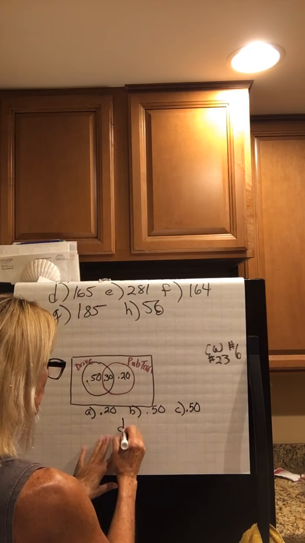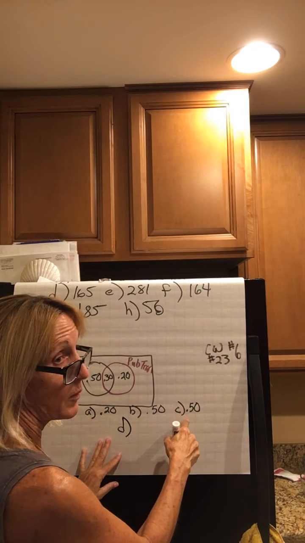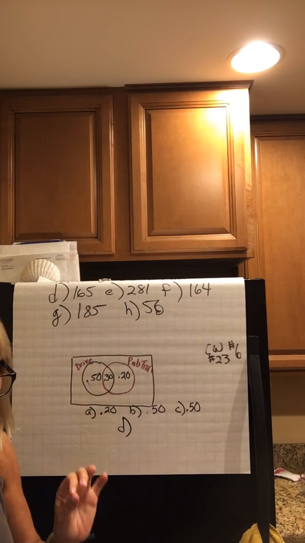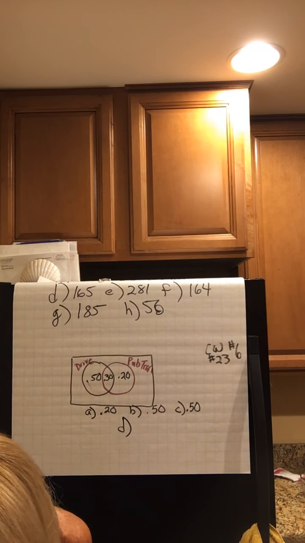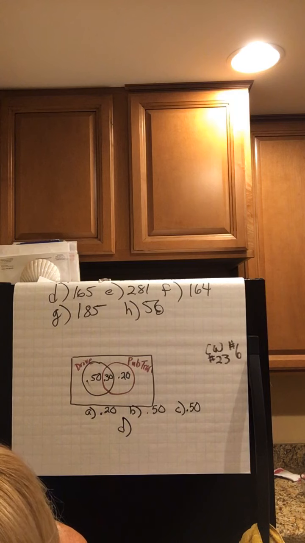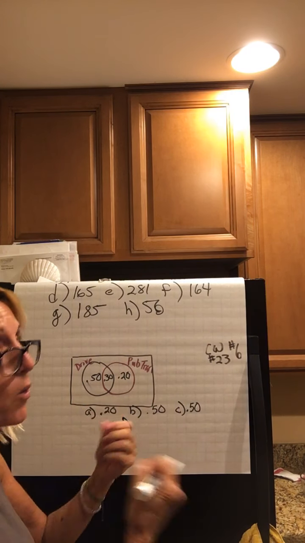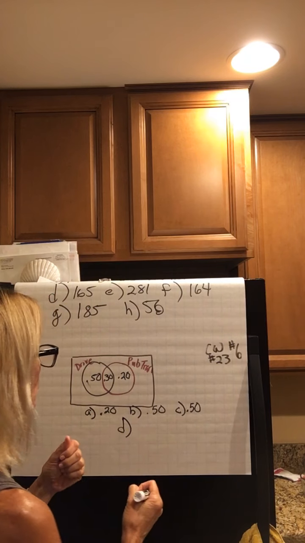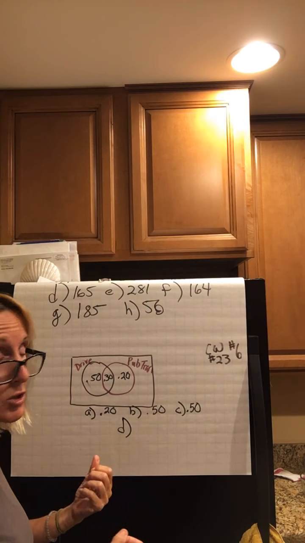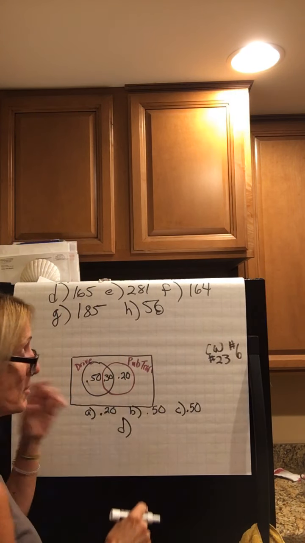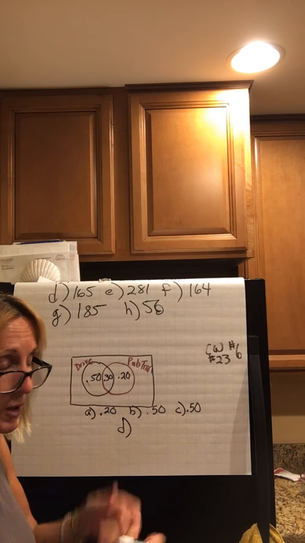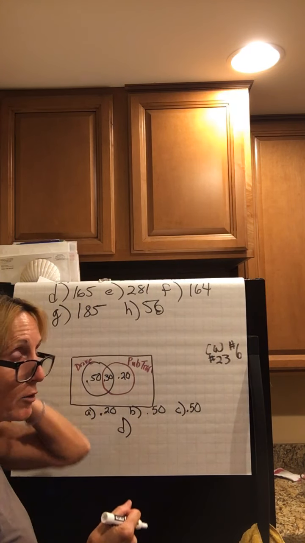Okay, and then the last one, a lot of you missed this one, by the way. On D, what is the probability that the student drives themselves or public transportation? That's the addition rule. But or means union, so you could have looked at your Venn diagram, and some of you actually tried to use the addition rule. I was so proud of you. I think Michael was one of them.